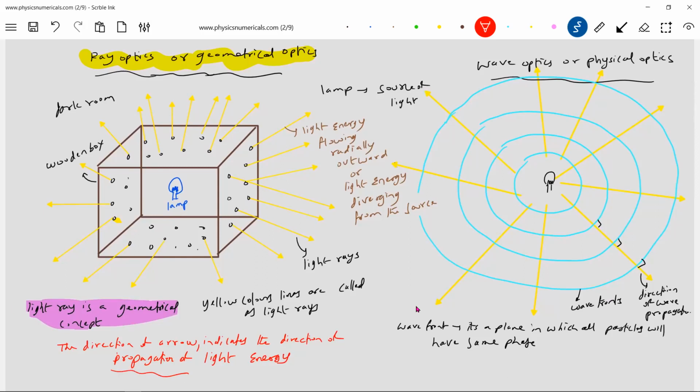I think this is something very fundamental. So just by drawing one line and putting an arrow, indirectly what you are saying is the light energy propagates in this particular direction.